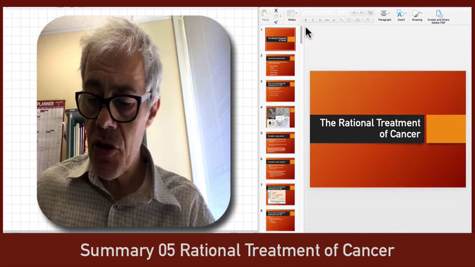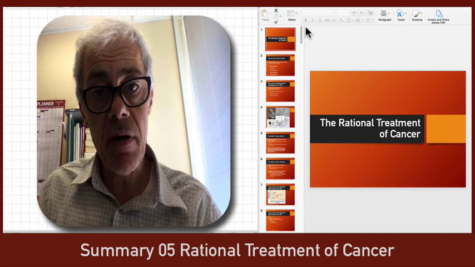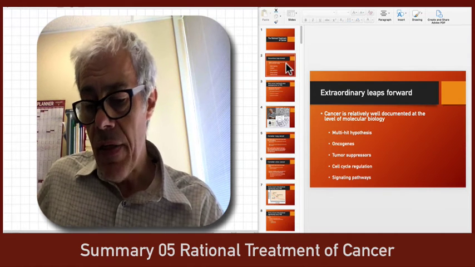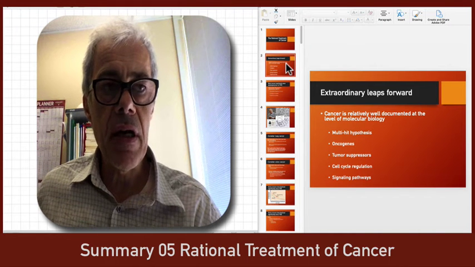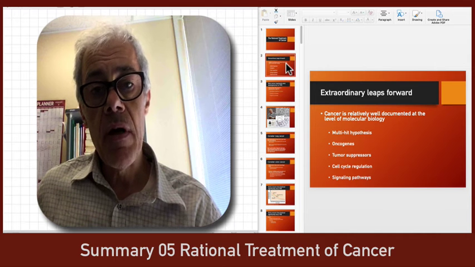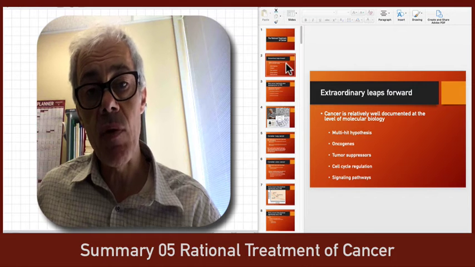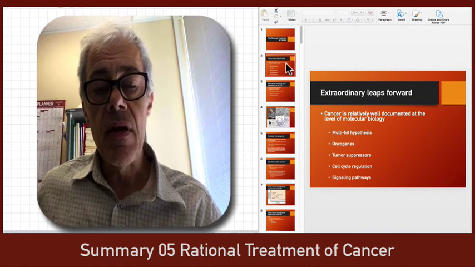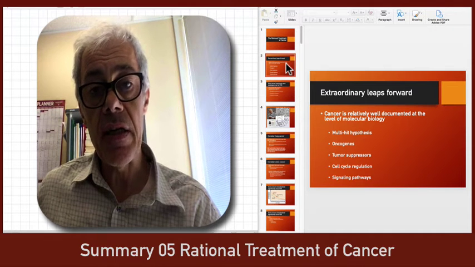Okay, so this brings us to the last lecture of this series, which is the rational treatment of cancer. So the idea was that we've discussed aspects of cell biology that give us a better understanding of some of the pathways and some of the key proteins that are involved in controlling cell growth, and also some of the key players that get mutated in cancers.